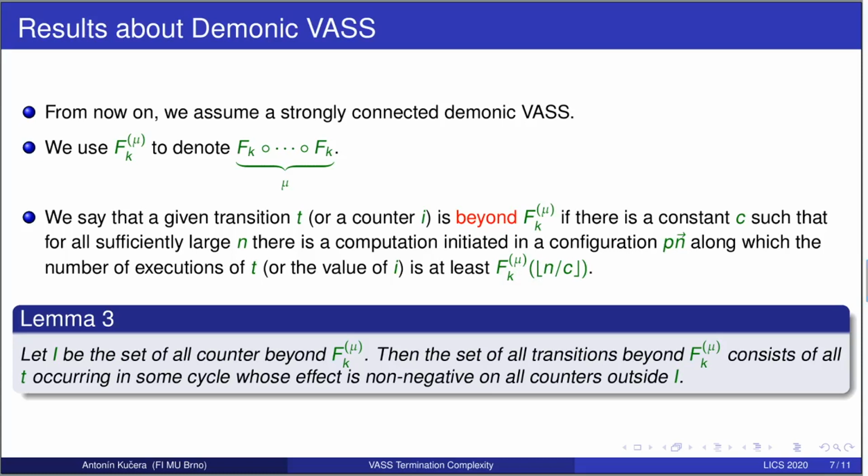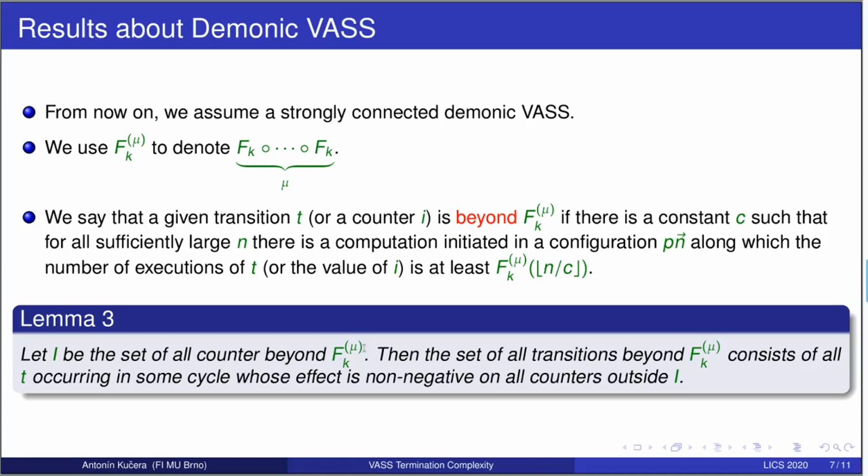The next lemma says that the core of the problem is to understand the complexity of the counters. So more precisely, if I is the set of all counters beyond fk^mu, then the set I easily determines the set of all transitions beyond fk^mu.